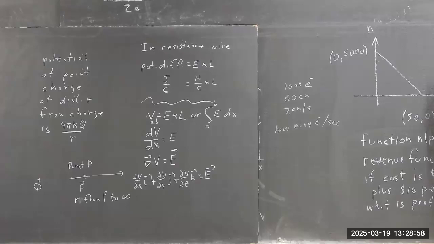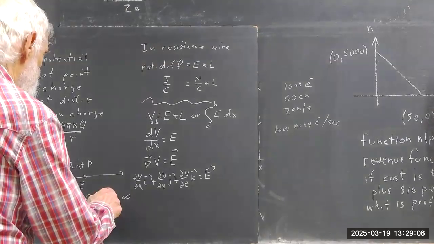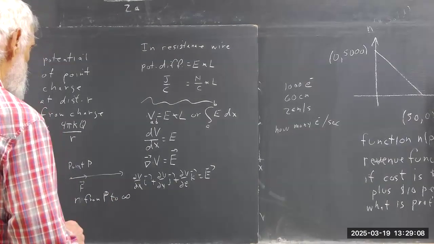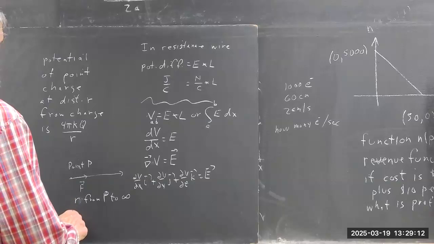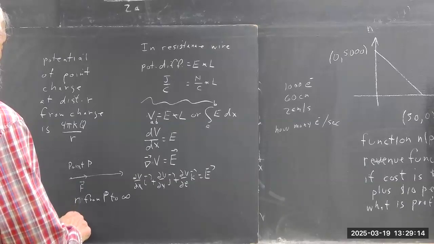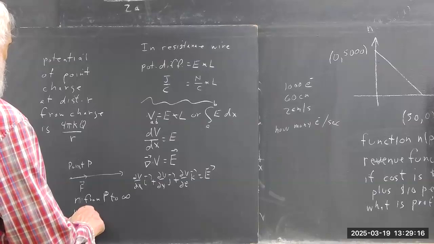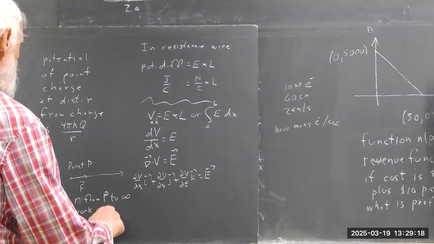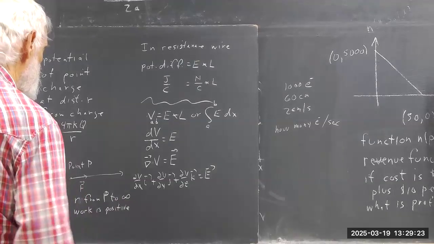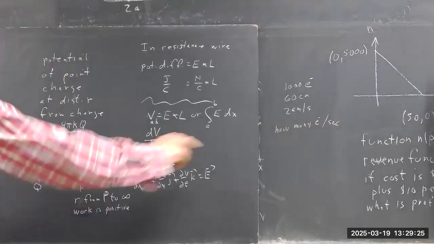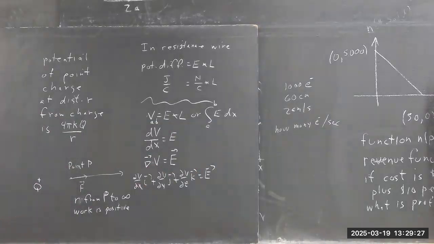Haven't defined conservative vector fields quite yet in multivariable calculus, but we don't require knowledge of multivariable calculus anyway. From here, infinity is positive, right?